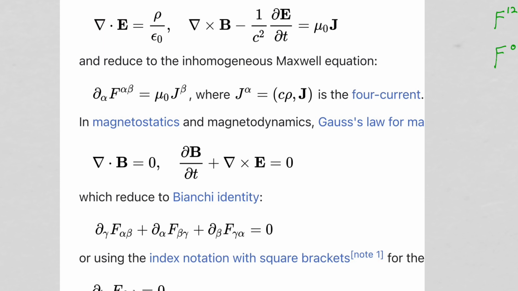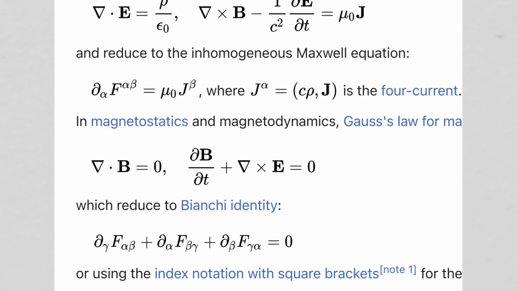So if we want to turn this into something that just uses the electromagnetic field tensor, it turns out we have to create yet another four-vector called the four-current. And this is the construction of the four-current, just as stipulated right here on Wikipedia. The time component of the four-current is the speed of light times the charge density, and the space component is the current density.